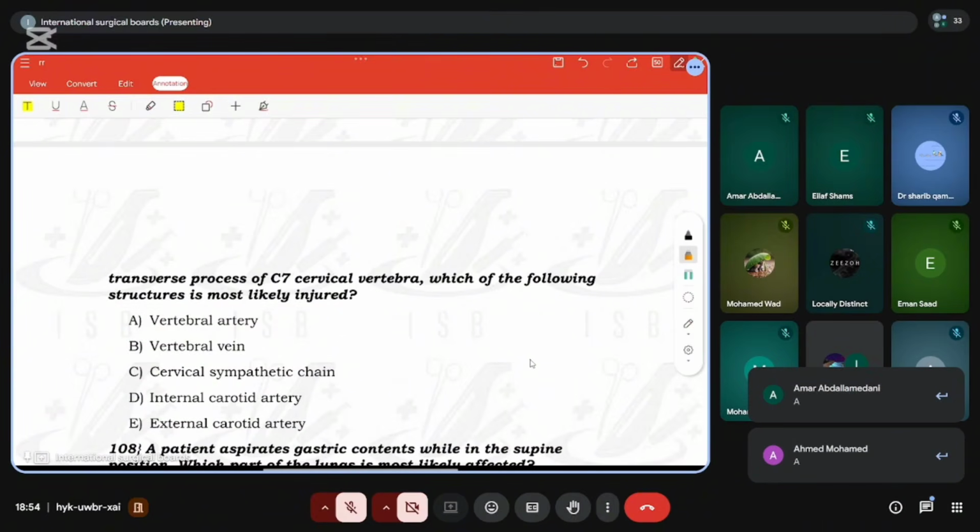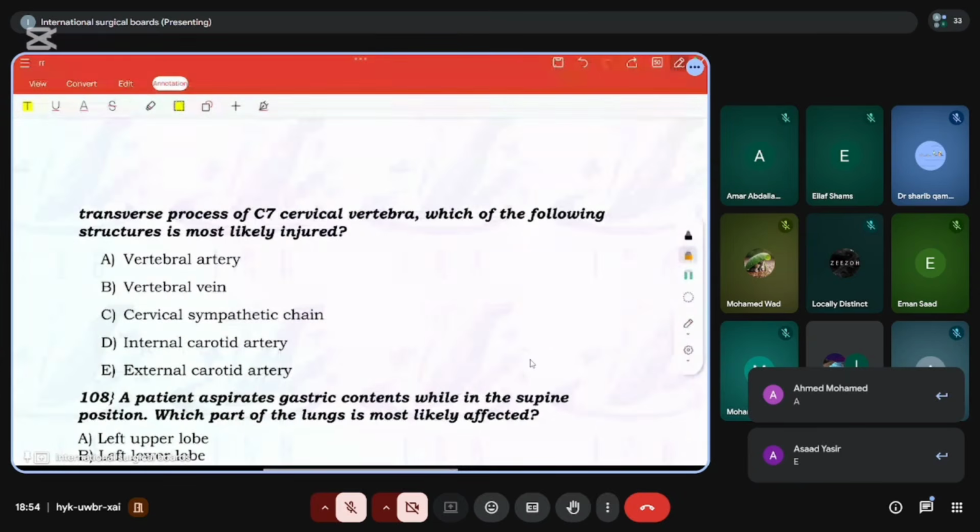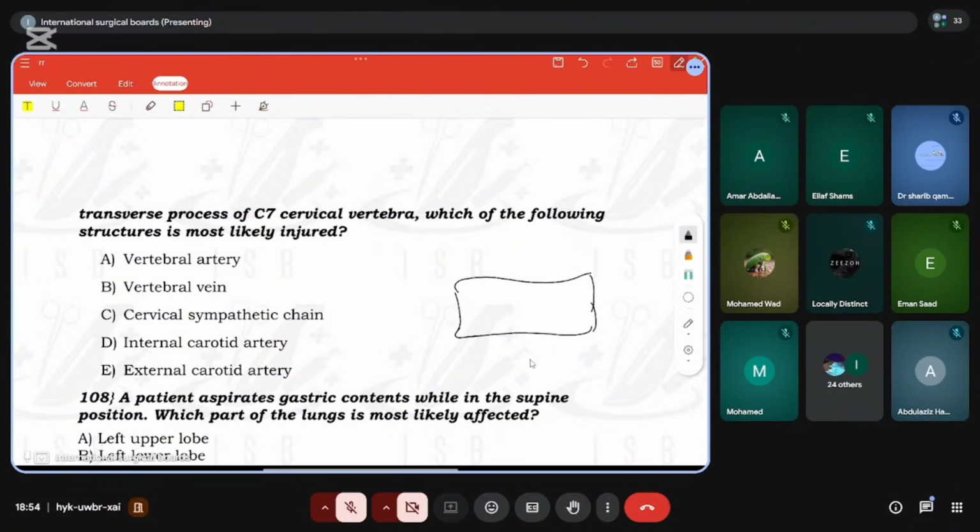No, not artery. No. Let me show you. This is C7. And this is the transverse process of C7 and the foramen transversarium of C7. What passes through that?